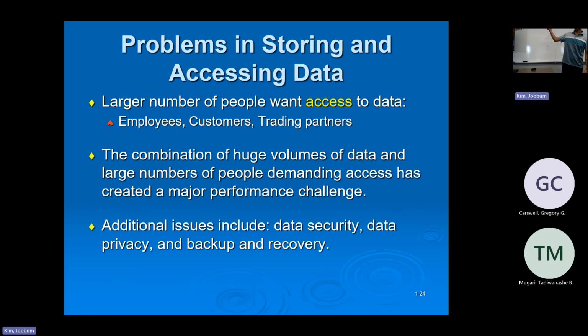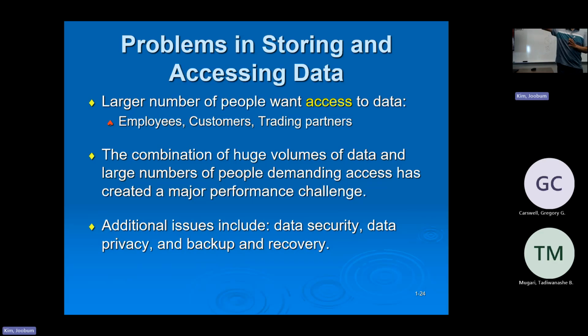So in order to avoid this kind of situation, in front of the server, maybe we install a load balancer. When the load balancer receives the access request, it distributes.